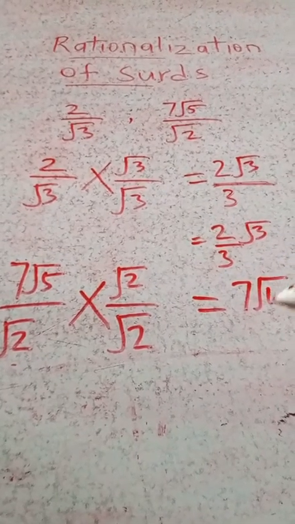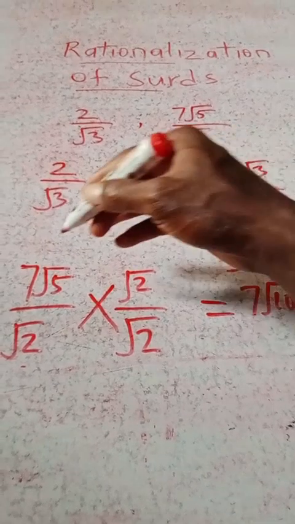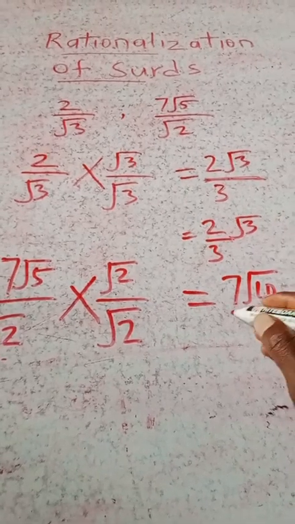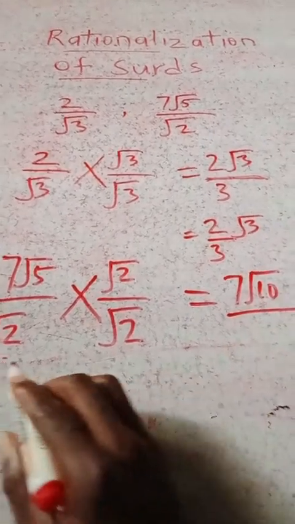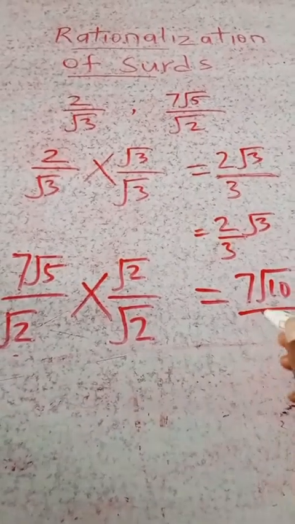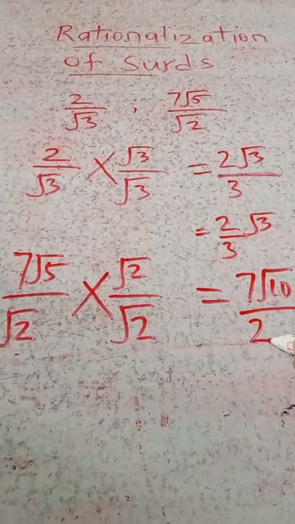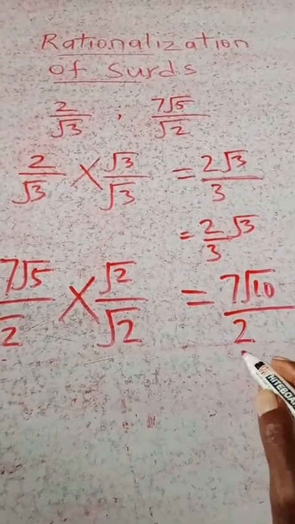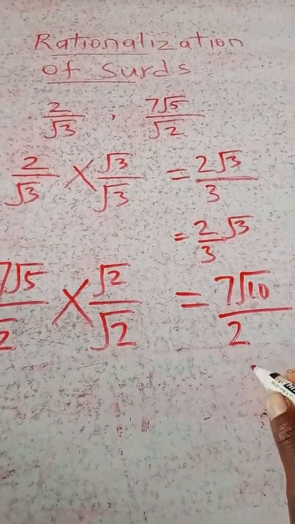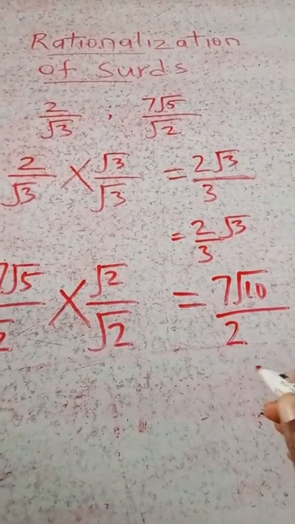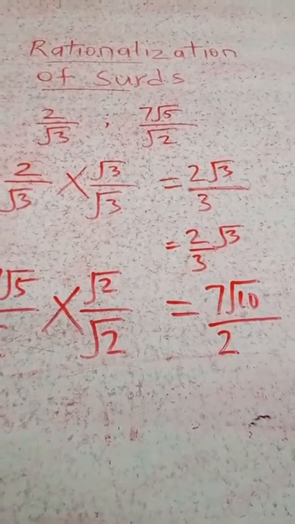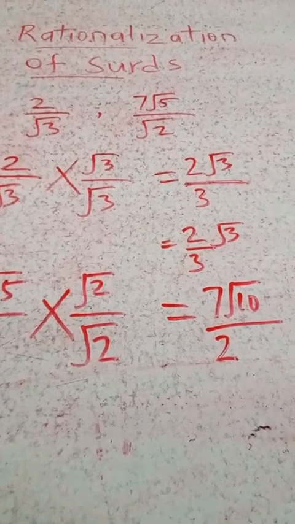Root 10. Root 5 times root 2 is root 10, all over root 2 times root 2, which is 2. So you can see that the denominator is without root, and you have rationalized. That is how we solve rationalization.